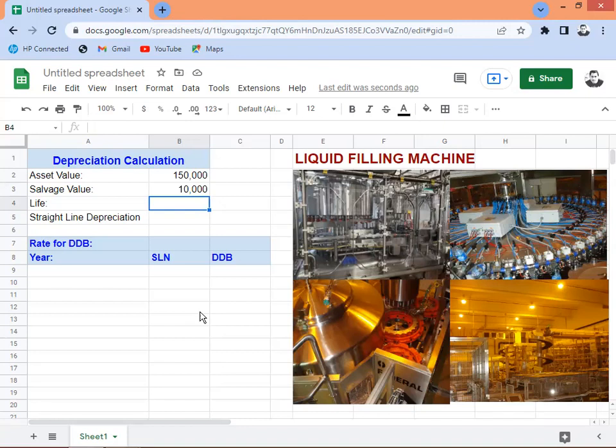In terms of the useful life of the machine, the company can decide whether to depreciate it over 5 years, 10 years, or 15 years. The problem is when you plan for long-term use of the machine, the maintenance would be greater.